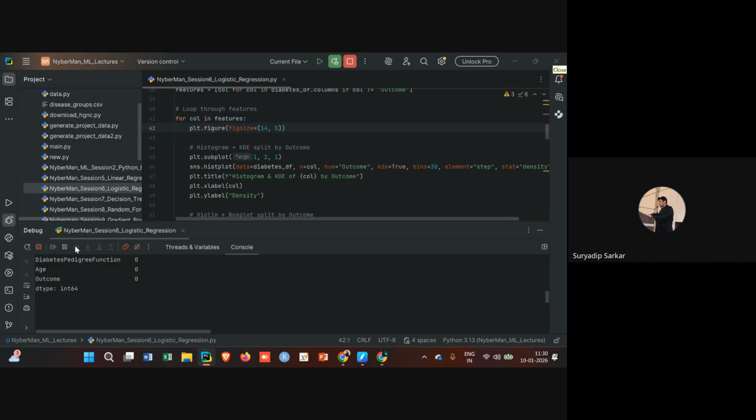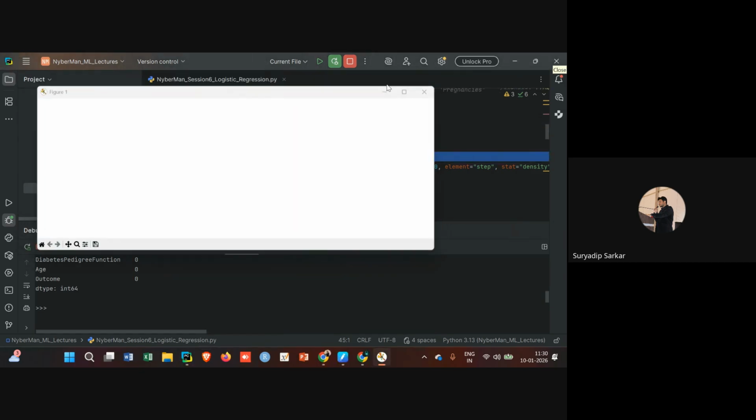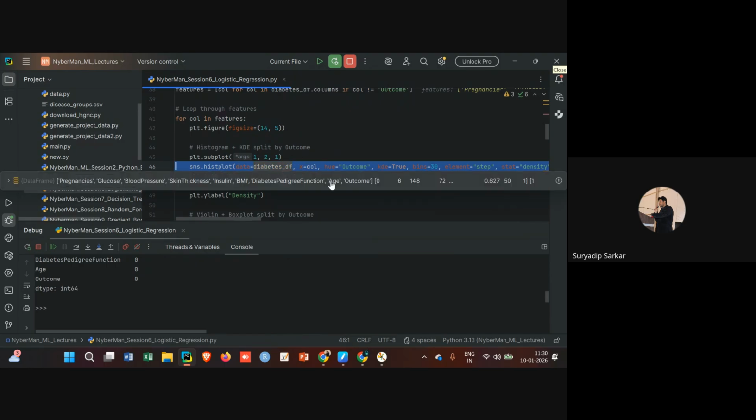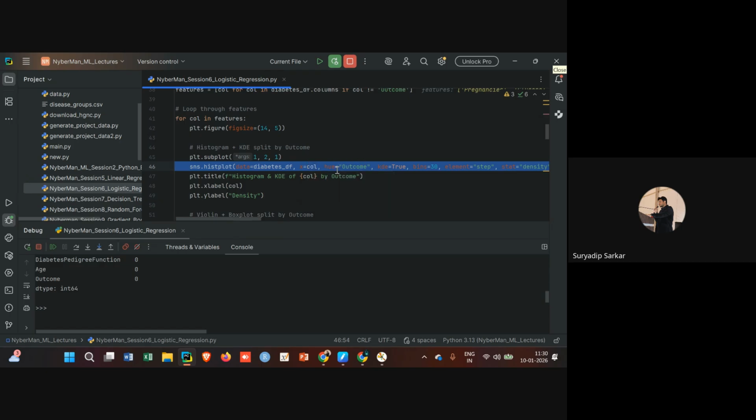So I will first define the figure, right? Then we give it that, okay, this is going to be your plot. So this is the first plot. This is the hist plot. The data is going to be diabetes data frame. This is the entire data that we are giving it, right? Your x-axis will be columns. Your y-axis will be outcome, right? Your hue will be outcome.